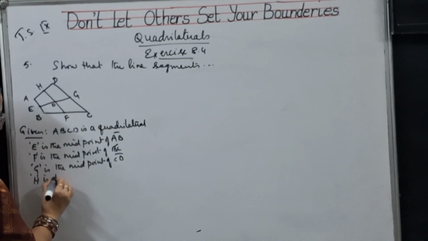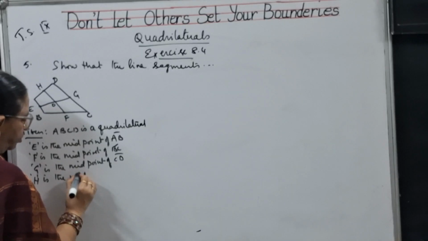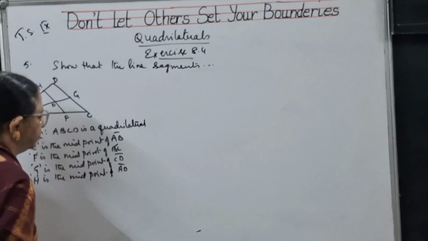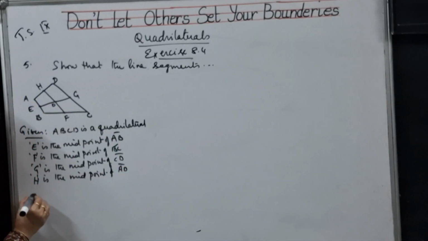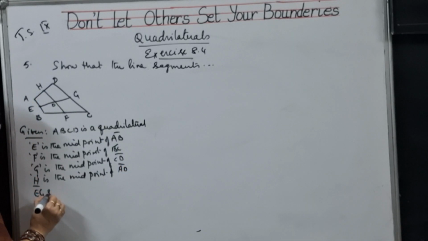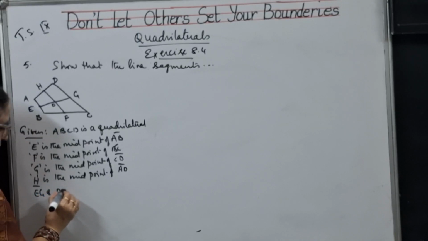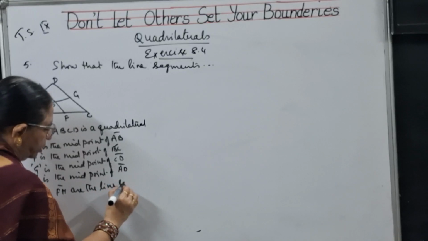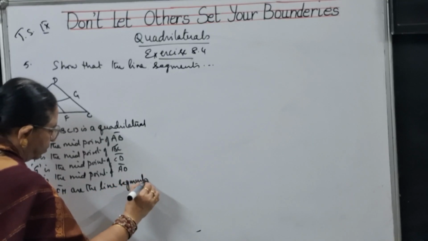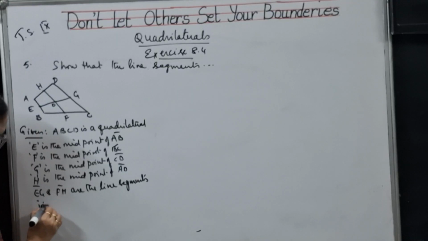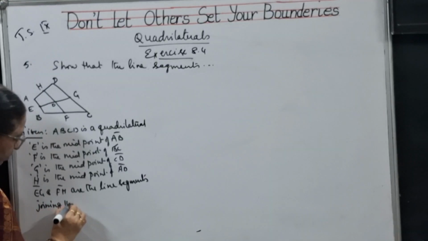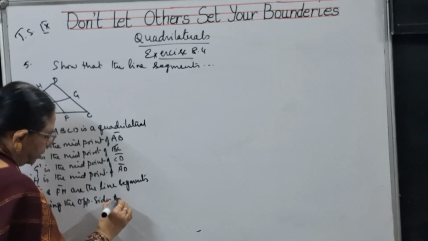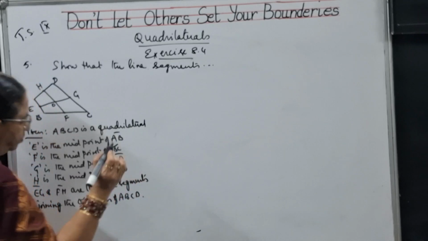H is the midpoint of AD. Then apart from it, you have EG and FH are the line segments joining the opposite sides of ABCD.